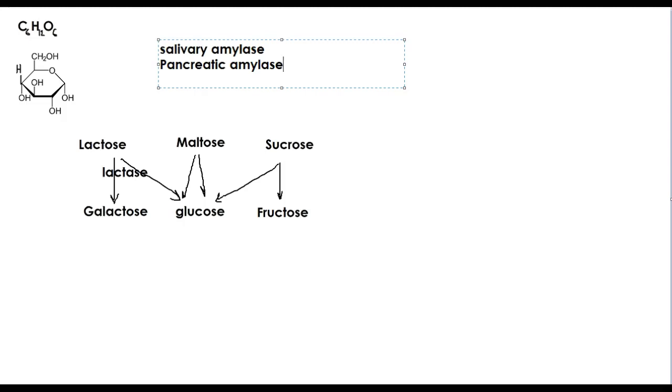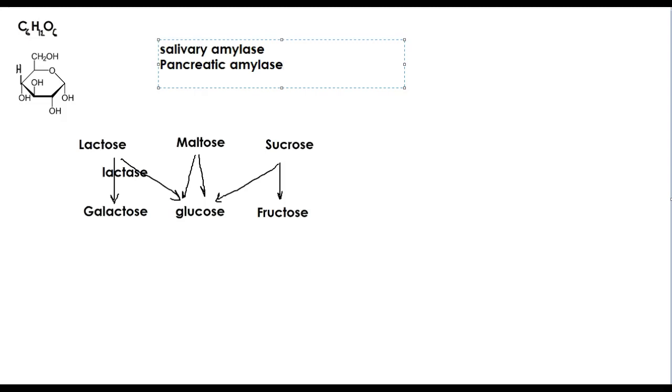Eventually we get down to the disaccharide level, right? We started with 300, now we're down to 5 and 6 sugars attached together. You keep breaking them down until there's 2 sugars together, and then those enzymes are going to finish off digestion.